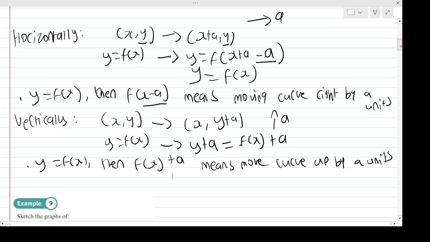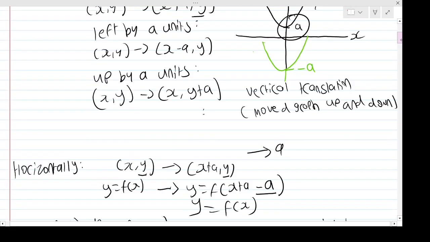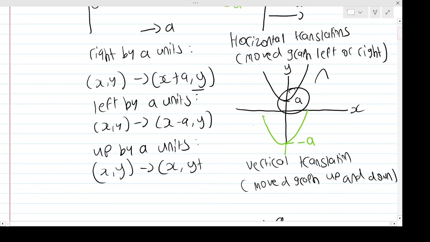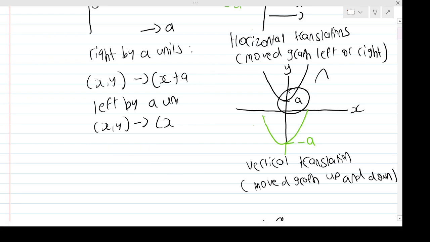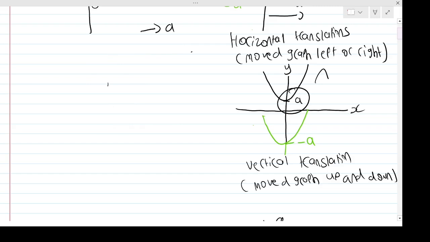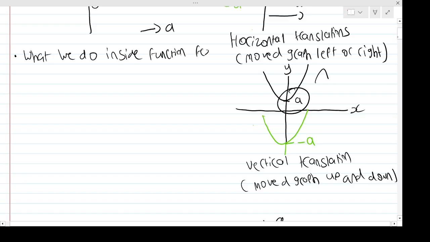Overall, we can summarise this observation by noting that what we do inside the function f of x, remember our original function will always be f of x, the original graph, before we translate it.